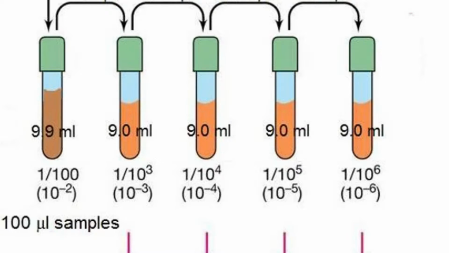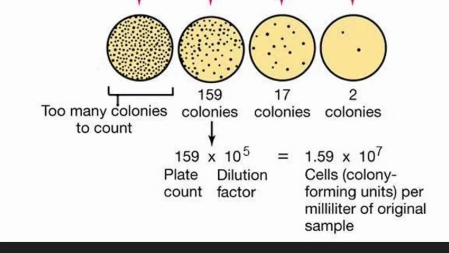And then we plate 100 microliter samples. And that's not to confuse you. That's because 100 microliters will spread and soak into the surface of the agar much more quickly than a mil. But because we're only plating 1/10 of a mil, we have to accommodate for that.